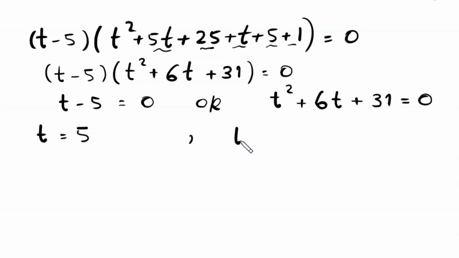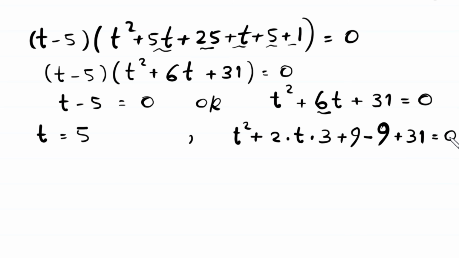We write t² + 6t as t² + 2 times t times 3. To complete the square we add 3 squared, which is 9, and also subtract 9, plus 31 equals 0.